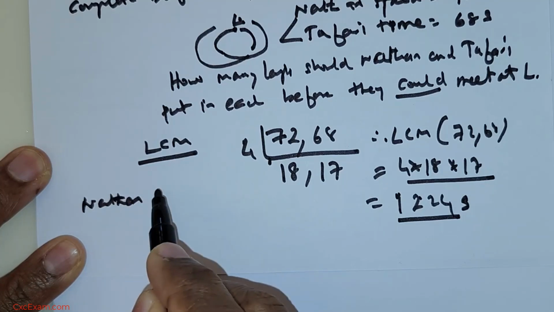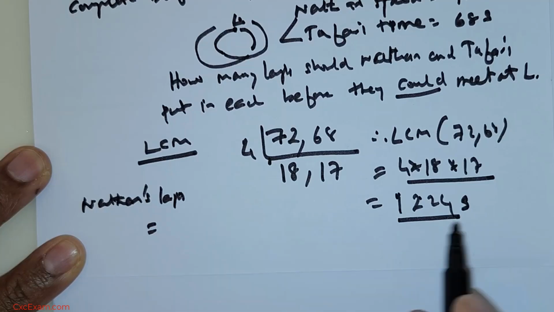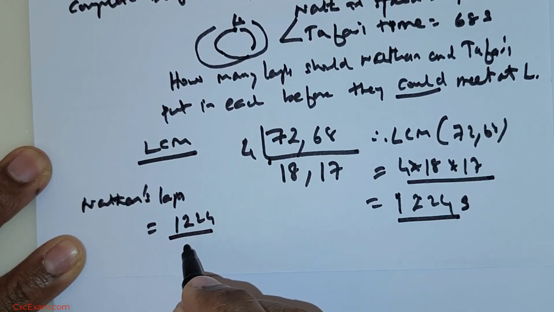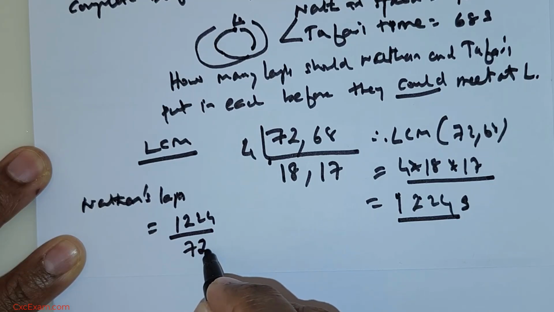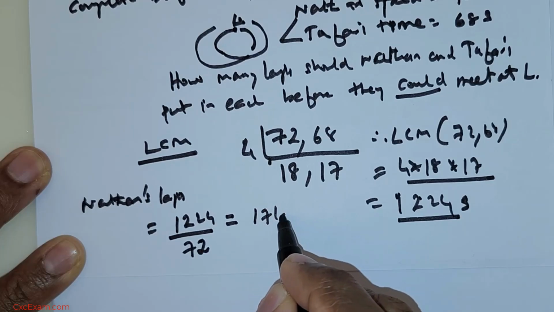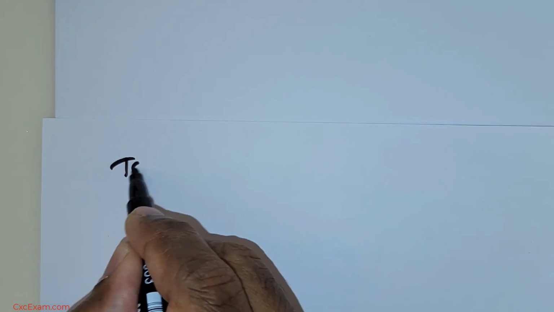Nathan's laps, you'll have to find out the number of laps he completes during this time. So 1224 divided by 72 seconds. That is going to give you 17 laps. Now you find the number of laps of Tafari.